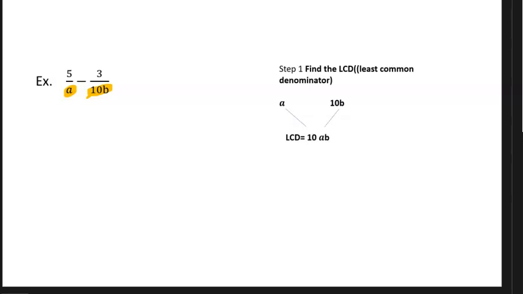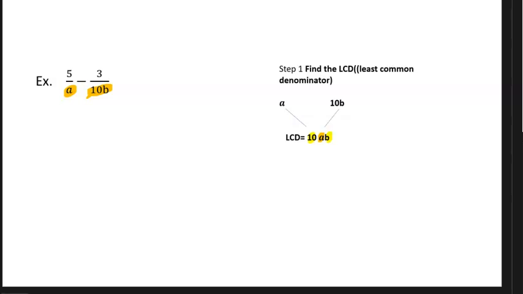Of course, the LCD or LCM must have A in there. It must also have 10 in there, and also have B in there. So you put them together, you get 10AB. So this is probably the quickest way. And so you multiply 10 and A and 10B. So you get the least common denominator.